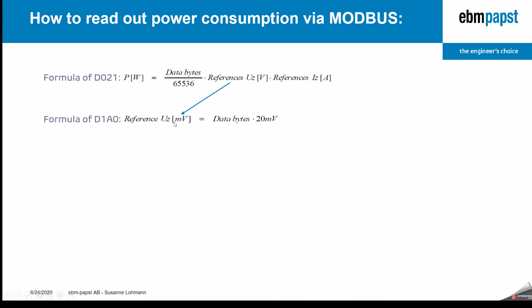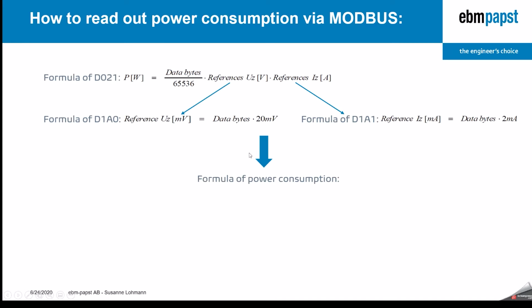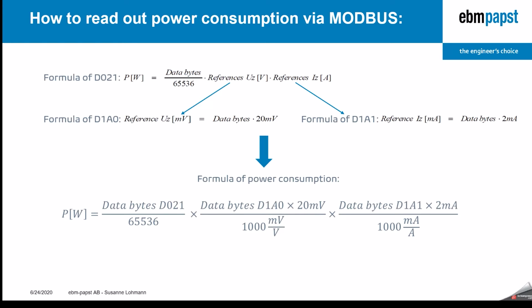And here you need another calculation, and same for the current. So now let's put this all together and then we get the formula of the power consumption. So we need data bytes from D021, from D1A0 and D1A1 and the numbers in between. So let's just try it.